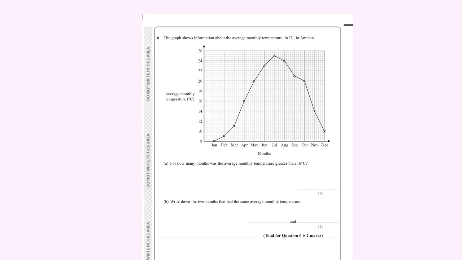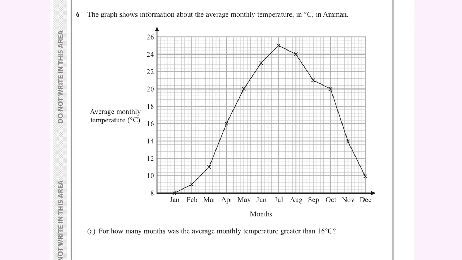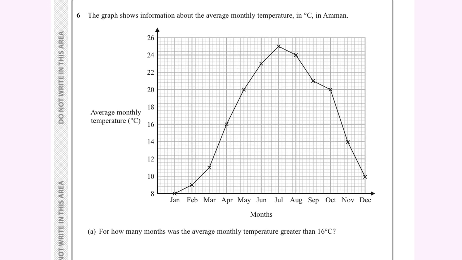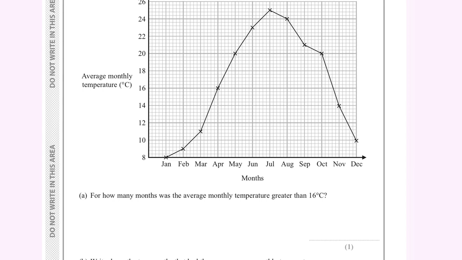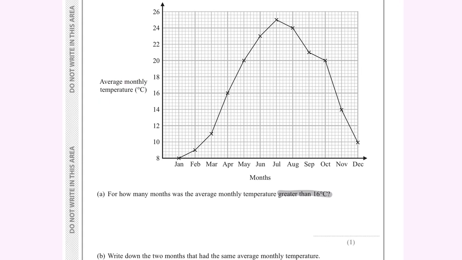Right, we've got a graph here showing information about the average monthly temperature in degrees in Amman. The question says, for how many months was the average monthly temperature greater than 16? So if we draw, we might as well, no reason why not, we can draw on this.